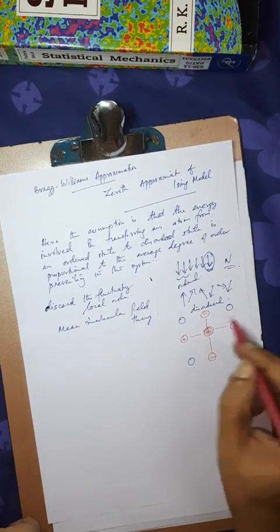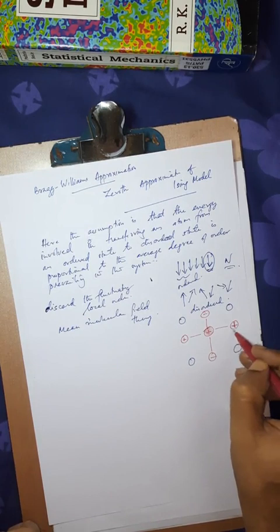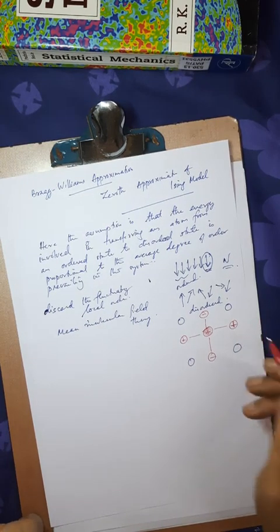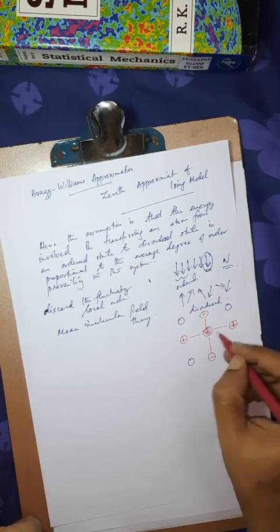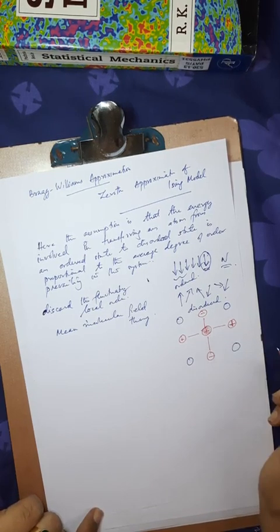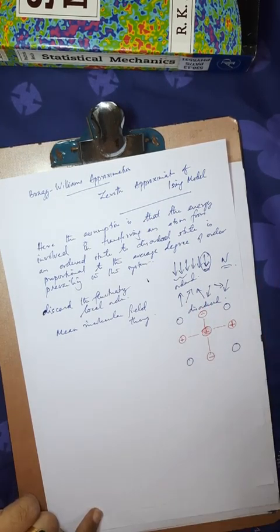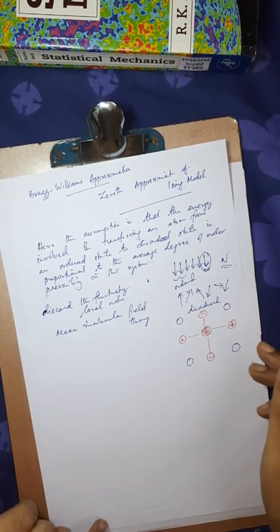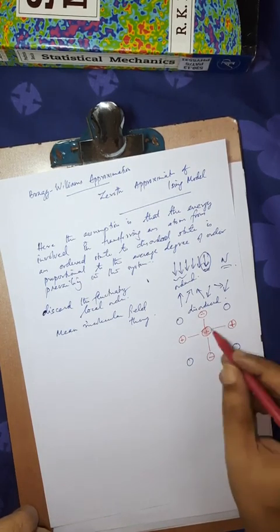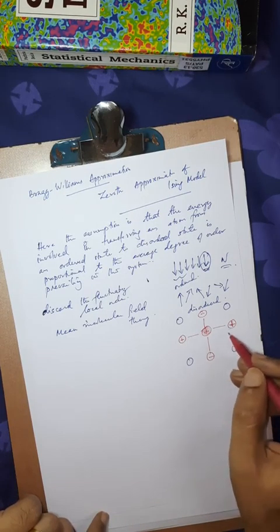As the number of nearest neighbors increases, the effect of the local fluctuating magnetic field is reduced. For example, if this atom is vibrating because of some effect, it will affect the magnetic interaction between these two lattice points. But if we take the overall lattice of a large number of atoms, say n atoms, this individual fluctuating effect can be reduced.